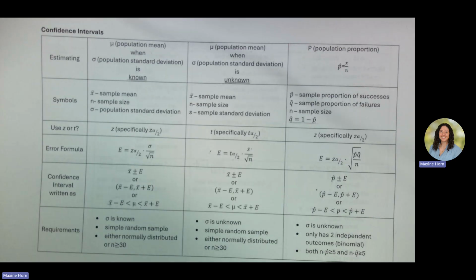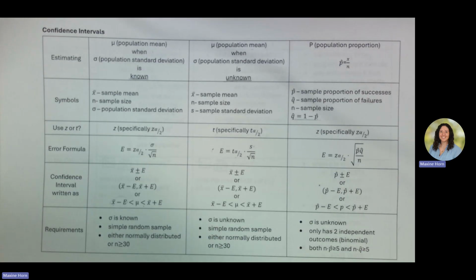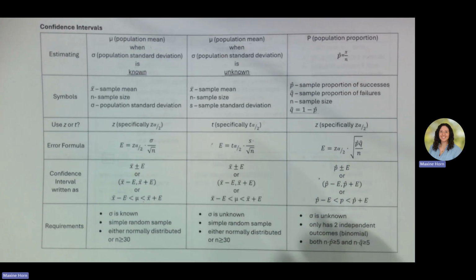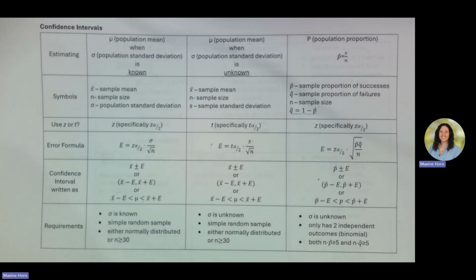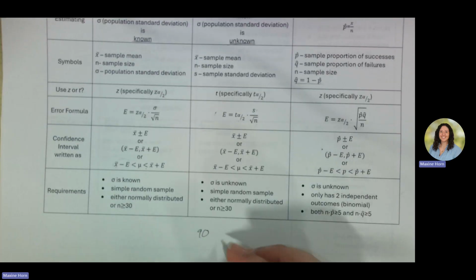So quick reminder that even though this might look confusing the first time you look at it, you probably have heard this talked about in everyday life. If somebody said like, oh, I'm 90% sure of something, plus or minus 5%, right? You've heard that.